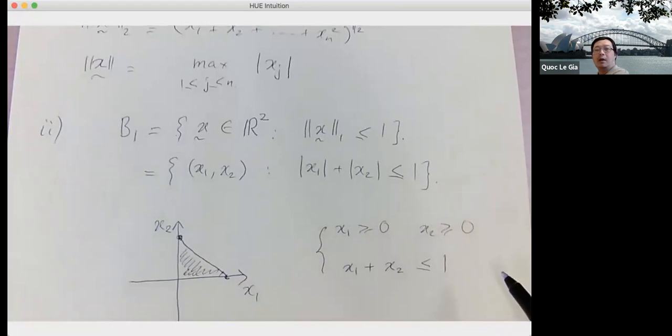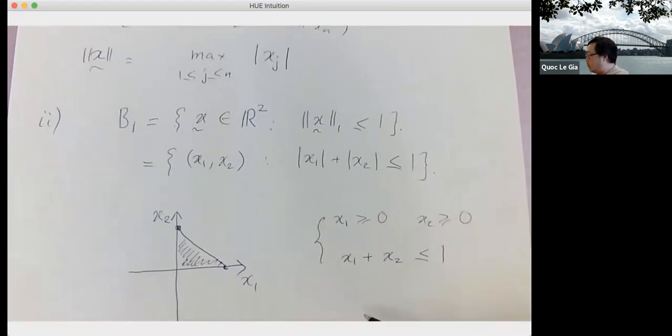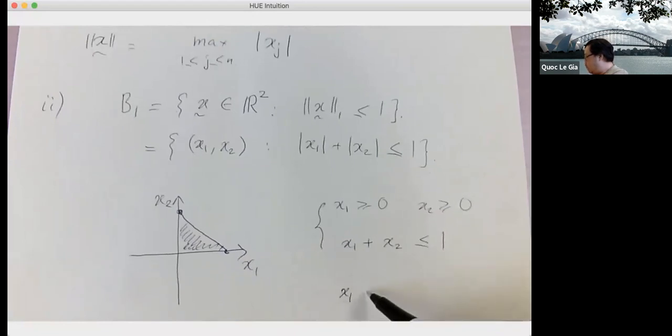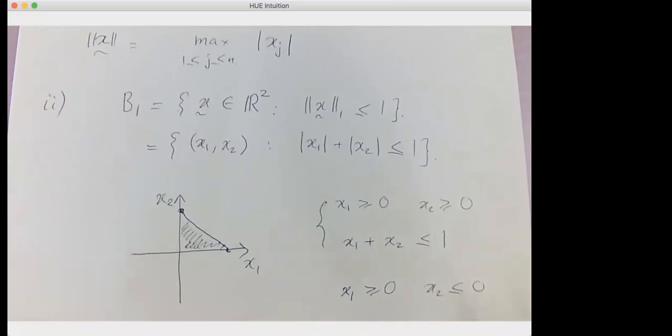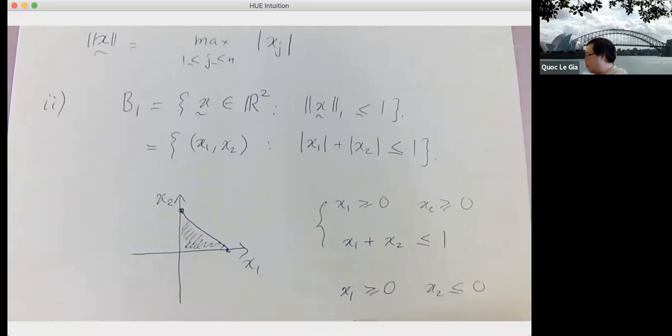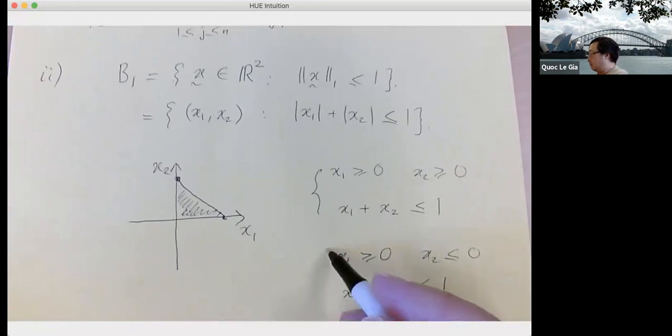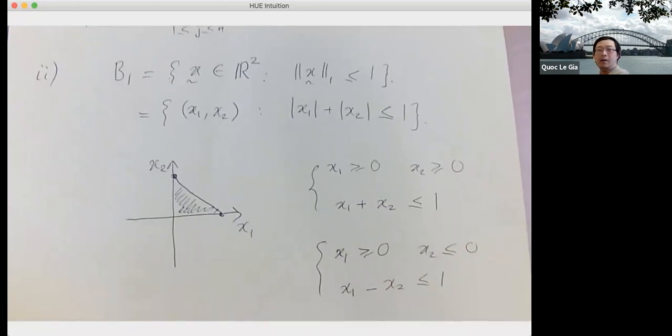You can consider other regions as well. Suppose x1 is greater than or equal to 0, but x2 is less than or equal to 0. Now the absolute value of x1 is still the same as x1, but because x2 is negative, the absolute value of x2 is minus x2, so you have x1 minus x2 less than or equal to 1.